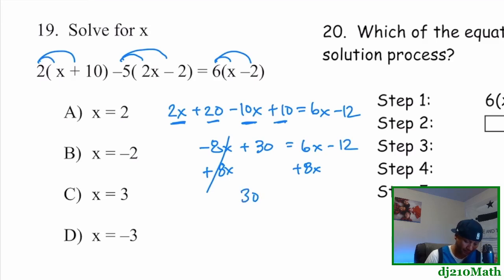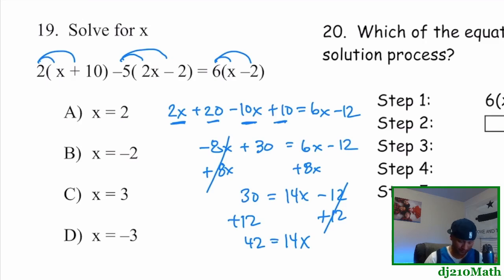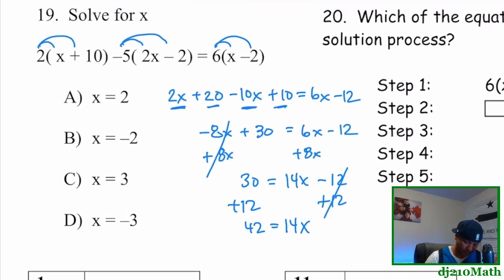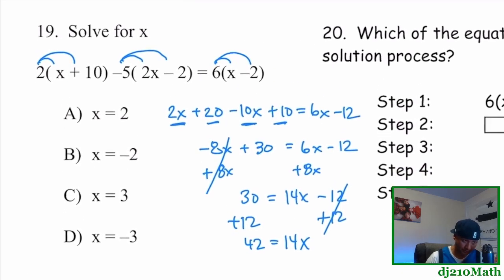So 30 is equal to 8 plus 6, 14x minus 12. We're getting the x term by itself. We're adding 12 to both sides. So this is going to be 42 is equal to 14x. So dividing both sides by 14.